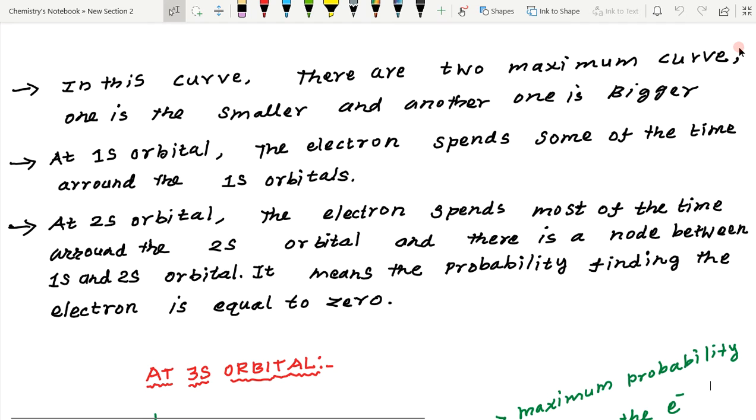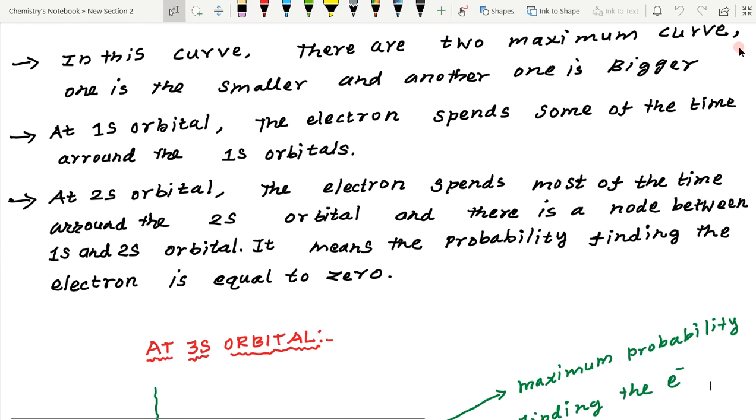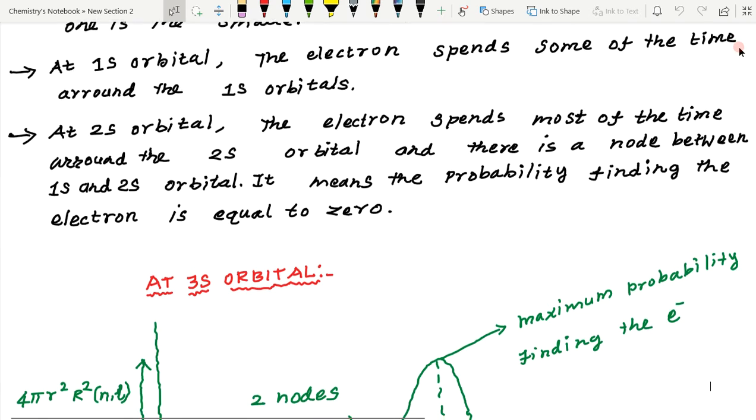In this curve there are two maxima, one smaller and another bigger. At 1s the electron spends some of its time around the 1s orbital. At 2s the electron spends most of its time around the 2s orbital, and there is a node between 1s and 2s, meaning the probability of finding the electron is equal to 0.